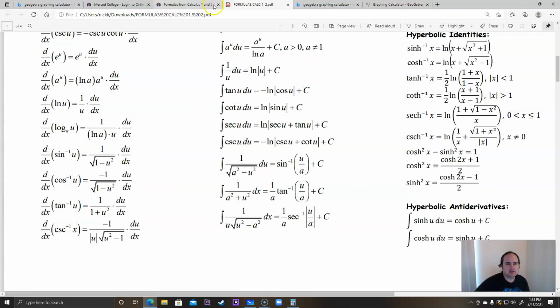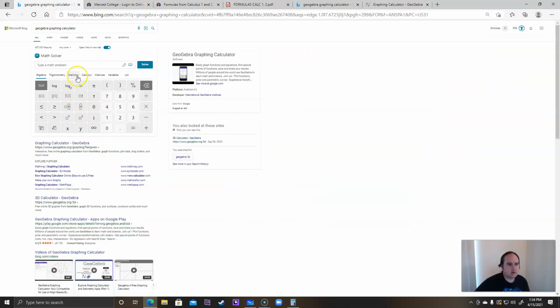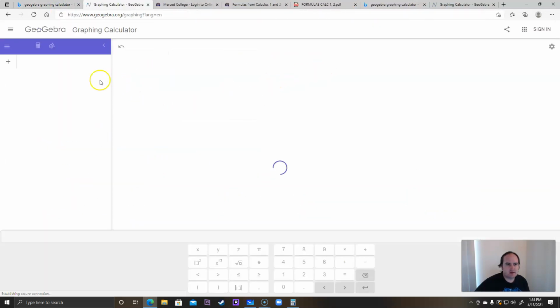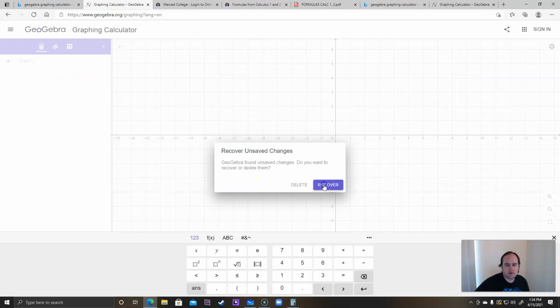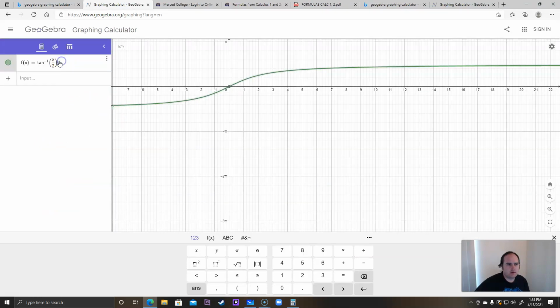Okay, so let's see what that one looks like. Okay, so Geogebra graphing calculator. Let's delete our tan inverse one. And now we're going to type in natural log of absolute value of x.